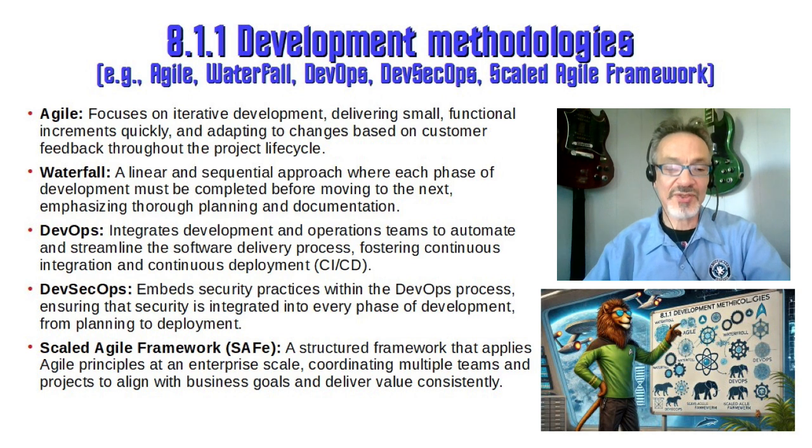And finally, Scaled Agile Framework helps apply Agile principles at an enterprise scale, aligning multiple teams and projects. Each methodology has its strengths and weaknesses, but the key takeaway is no matter which one you use, security must be integrated throughout. We like to say it's baked in, not sprayed on.